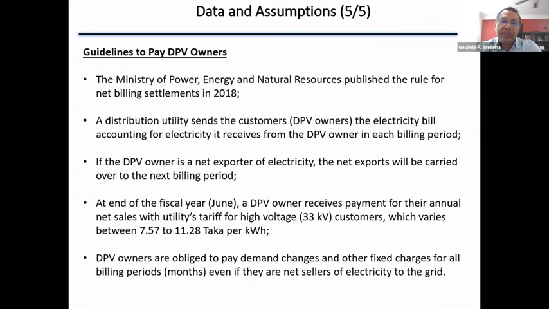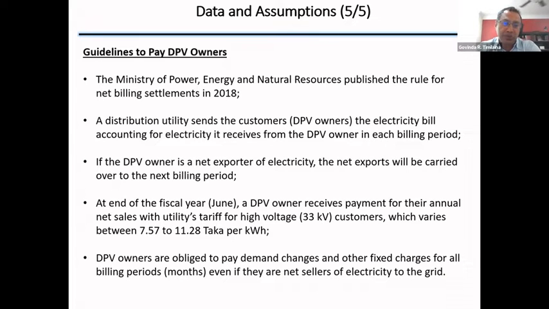The Ministry of Power, Energy and Natural Resources published the rule for net billing settlements in 2018. The distribution utility sends the DPV owners an electricity bill, accounting for electricity it receives from the DPV owner in each billing period. If the DPV owner is a net exporter of electricity, the net exports will be carried over to the next billing period.